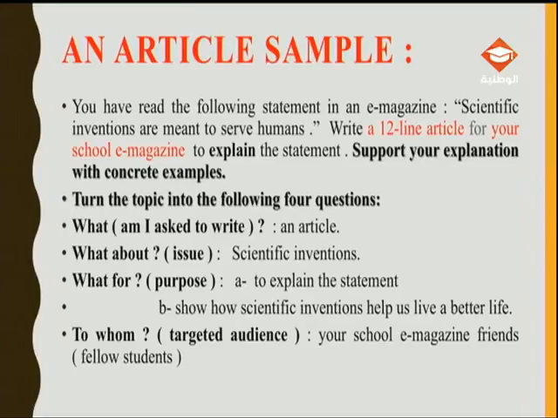They help us live a better life. I have to use concrete examples from everyday life, and there are plenty of examples that show that these scientific inventions have really helped us live a better life, that they have improved our quality of life.